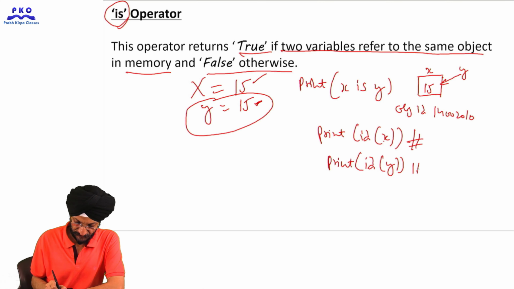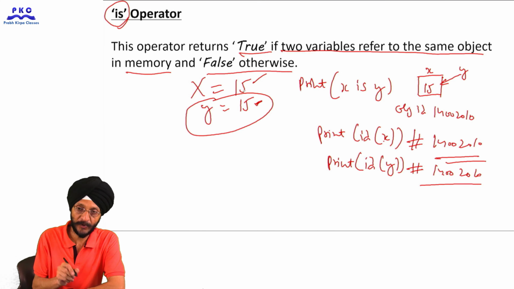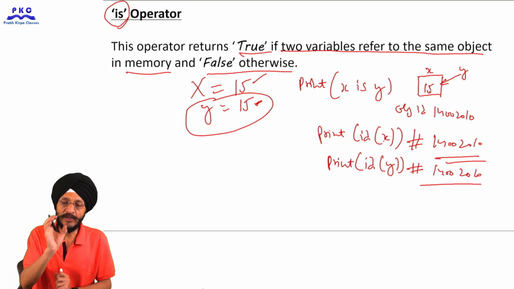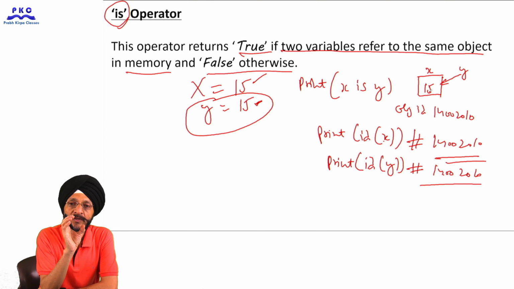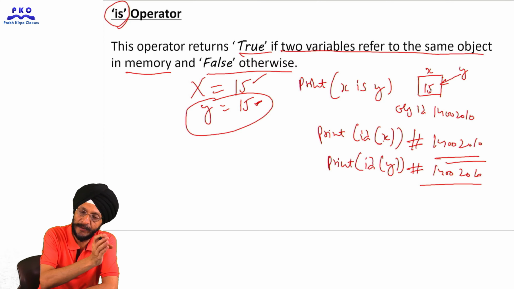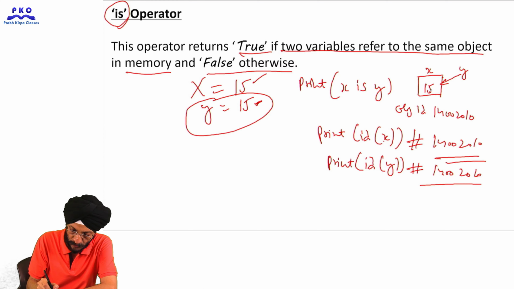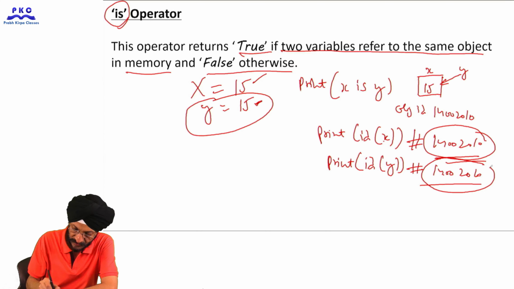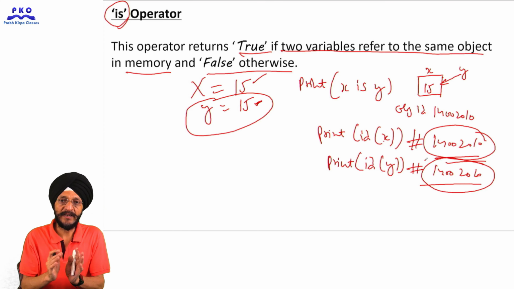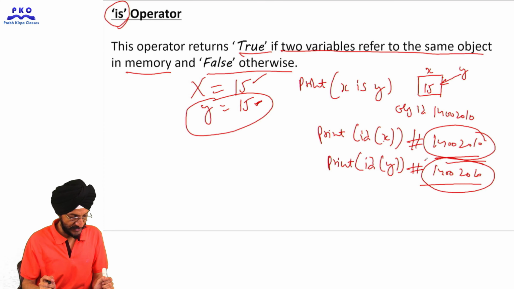When we see the output, in both cases the object ID will be the same, because the value, the object 15, is stored in a container named x, and y is also referring to the same object in memory. The memory location of both the objects, that is 15, is same. The memory address in case of x and y is same.